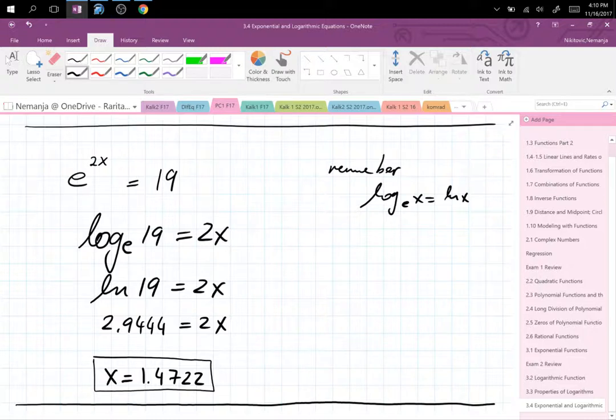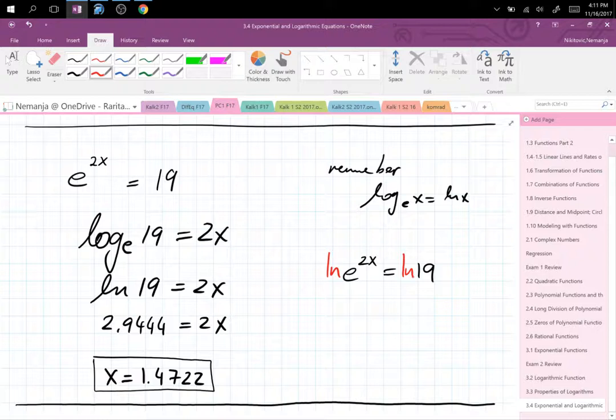Now I want to introduce you to a quicker way of solving this. We are going to use it a lot on Tuesday, when you do 3-5. And that is when you run into these equations, e to the something, 2x equals 19. Generally what people say is ln both sides. It's not multiplied by ln. That has no meaning. You apply log to both sides.